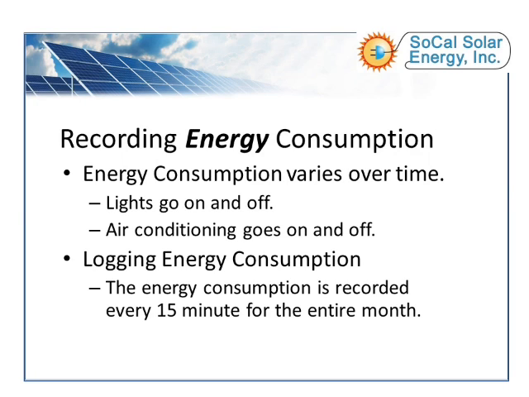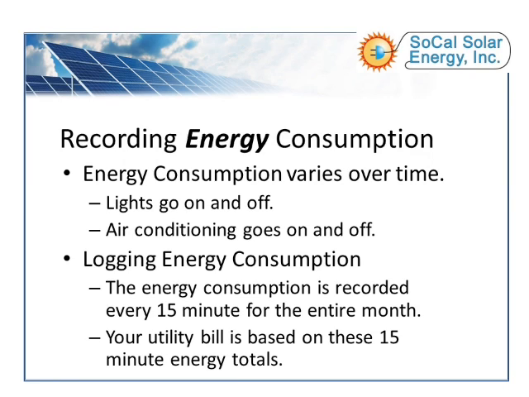The second 15-minute total is then recorded, and so on and so forth. There are about 2,900 15-minute energy totals for the month. Your entire bill is based on these 15-minute energy totals. There are different rates associated with these totals depending on several factors.